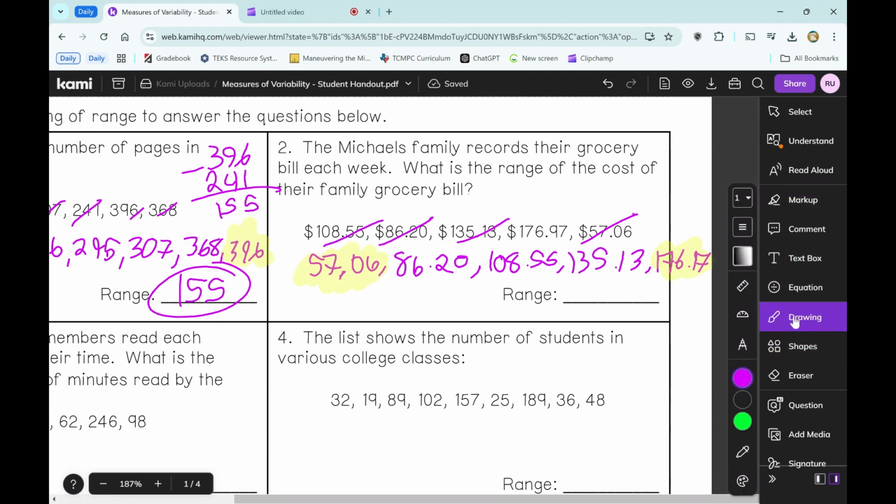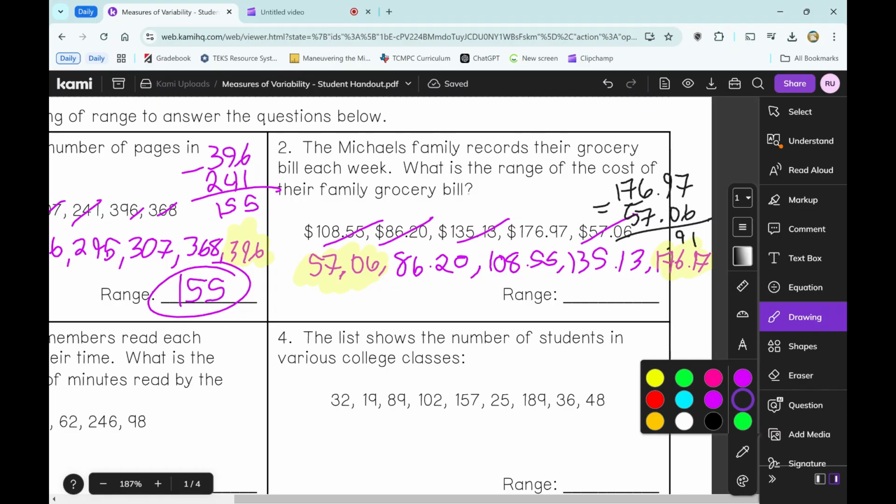So I will take these two numbers and subtract them. 176.97 minus 57.06. Remember that this is asking us the cost of the grocery bills, so the range for this includes the dollar sign. So $119.91.